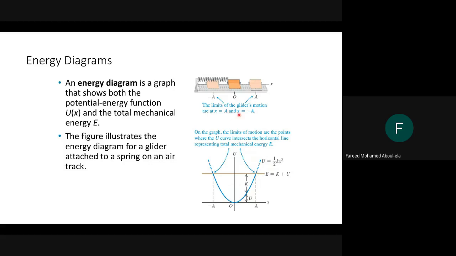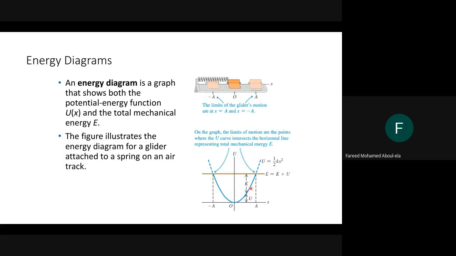So for example here we have stretched a distance plus A or compressed a distance minus A, and there is potential energy 1/2 KA squared. Here 1/2 KA squared, and here 1/2 KA squared. So the blue line is the potential energy.